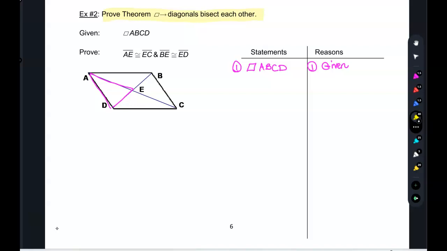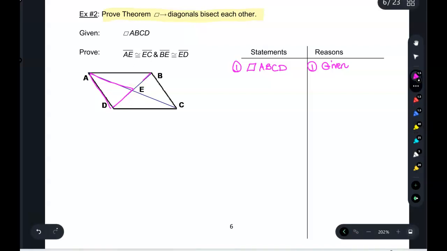That is a problem. I mean, I guess if you did that on a test, I could give you one point for the given. That would be about it. So if it was a 10-point proof, I'd be generous. I'd give you a point.